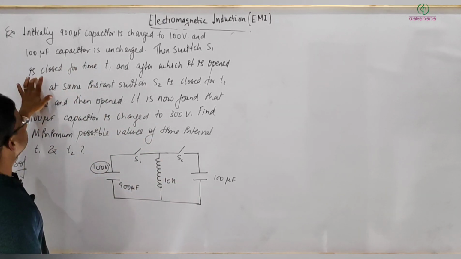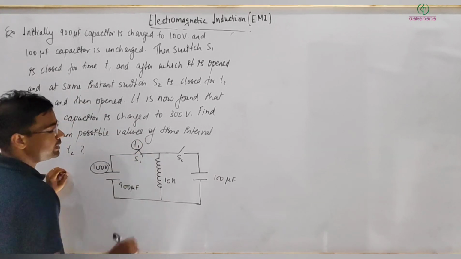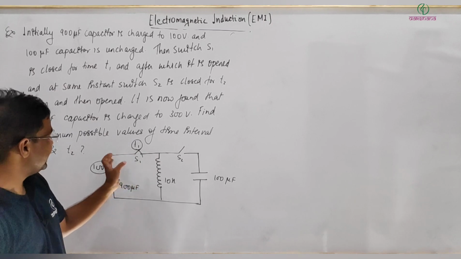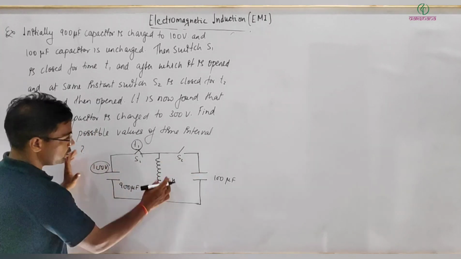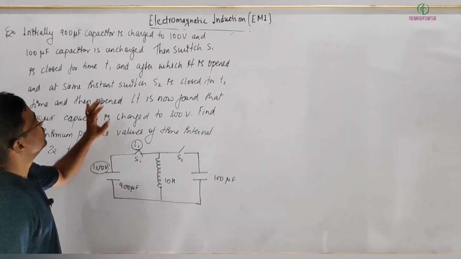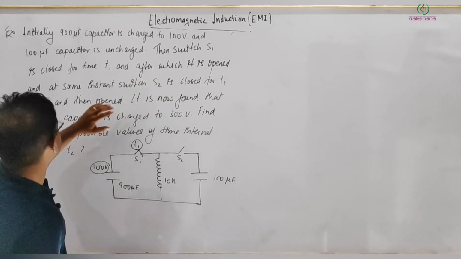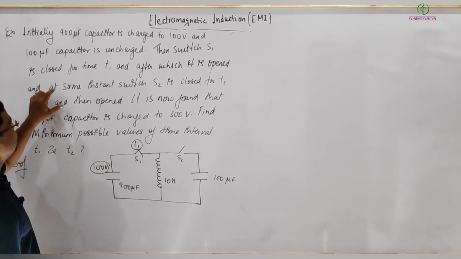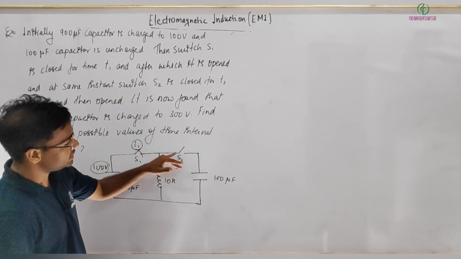Then switch S1 is closed for T1 time, so this will act like an LC oscillator. After T1 it is opened, and at the same instant switch S2 is closed.